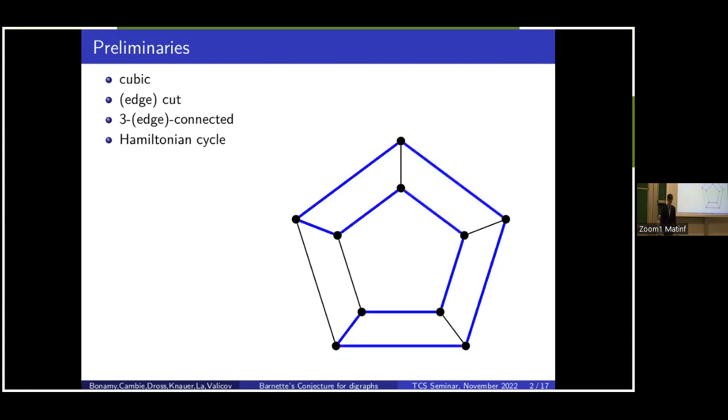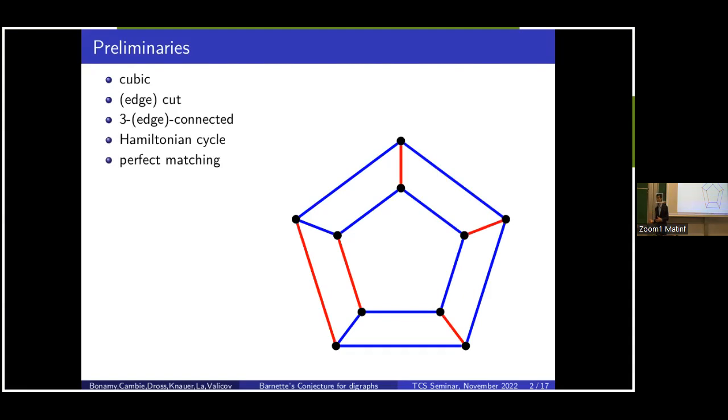A Hamiltonian cycle is a cycle that goes through every vertex exactly once. A perfect matching is a set of independent edges that covers every vertex in the graph. And for cubic graphs, actually, these two notions are complementary to each other.